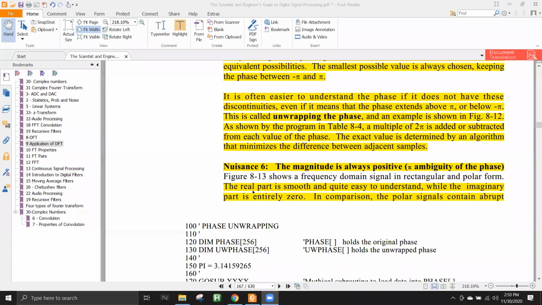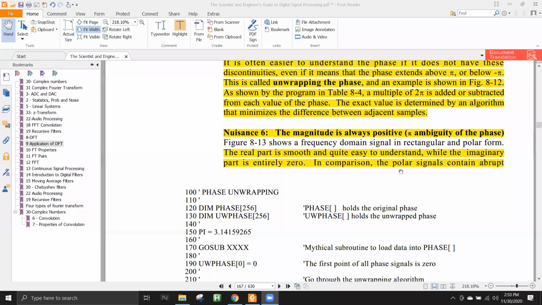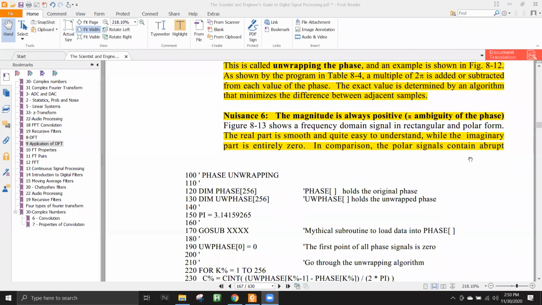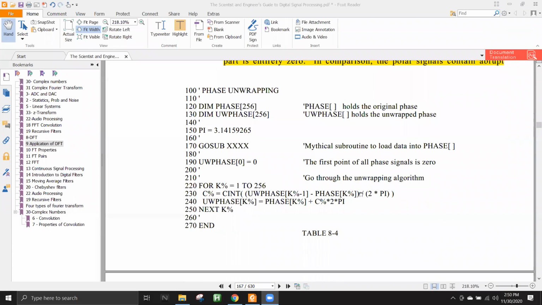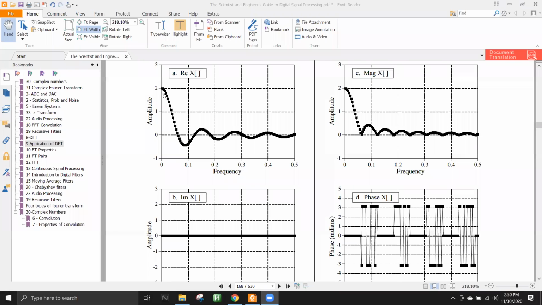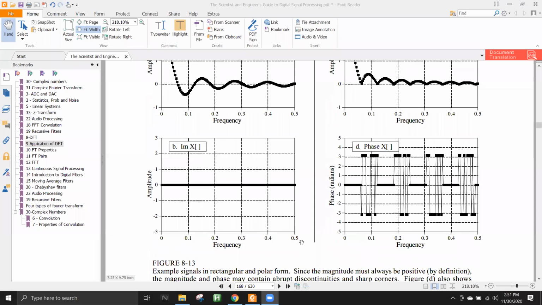This one happens when the real part is smooth but the imaginary part is entirely zero. In that case, the corresponding polar signals have some abrupt changes. For example, the example here shows the real values, which are smooth, but there are no imaginary parts; suppose in some scenarios all imaginary parts are zero for all frequencies.